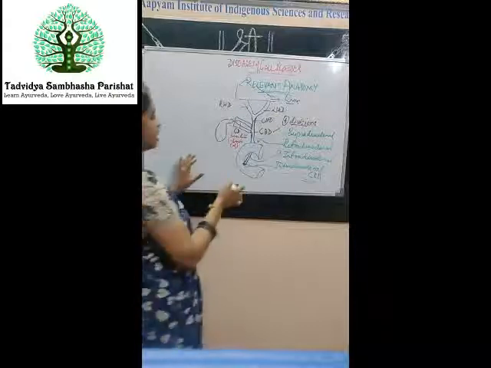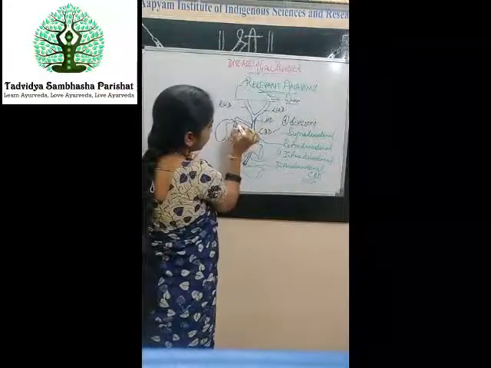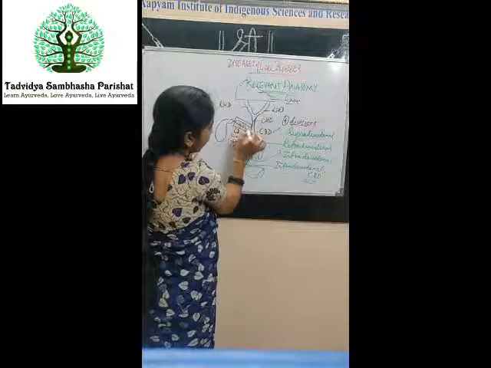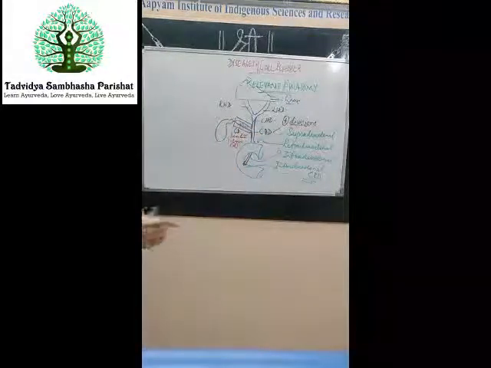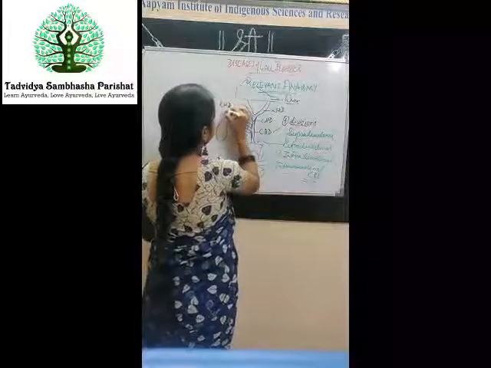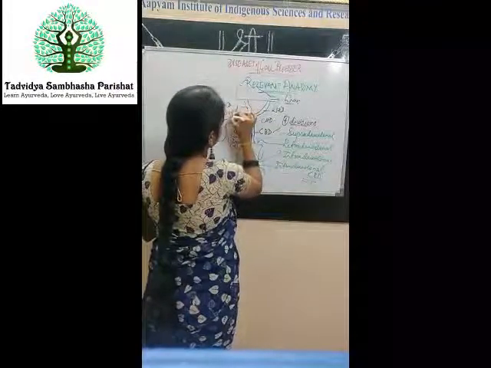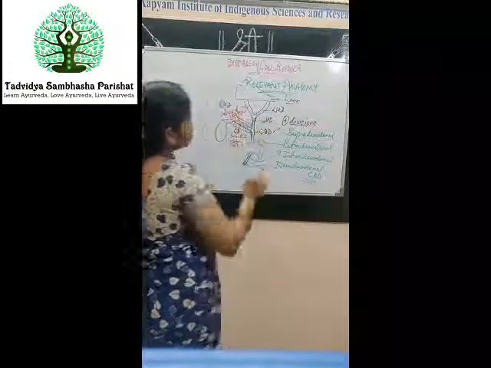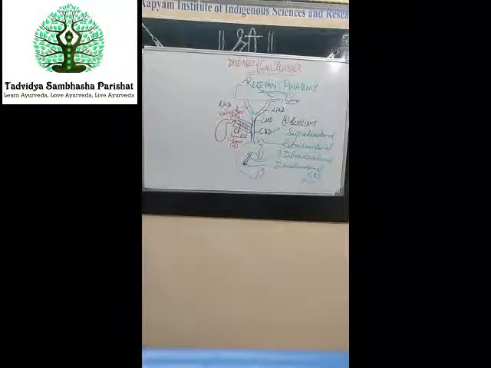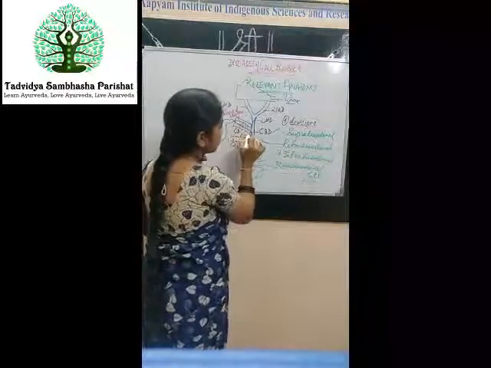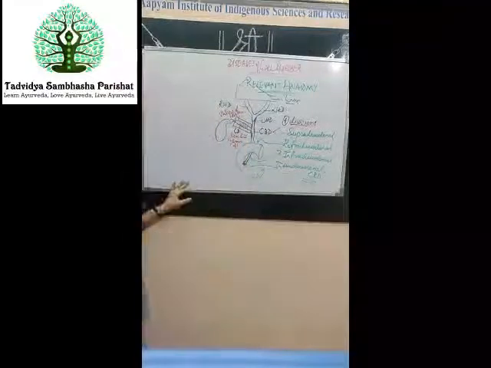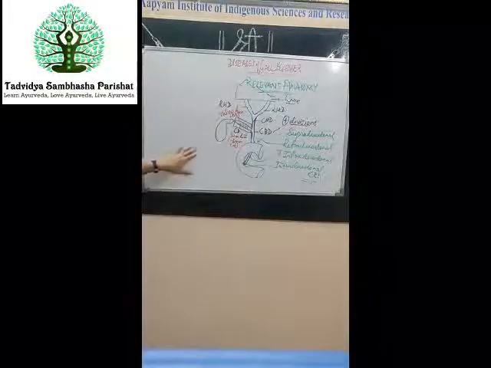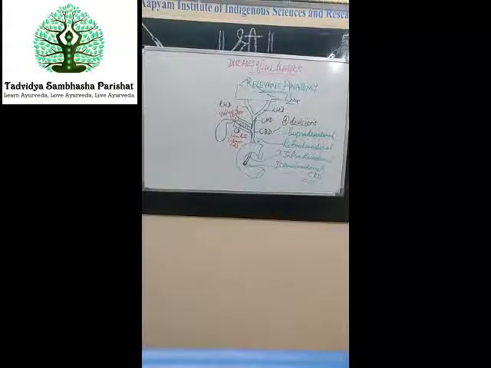The mucosa is arranged as spiral valves, and that spiral valve is called the valves of Heister. So it is 3 centimeters in length, around 1 to 3 mm in diameter, and the mucosa inside is arranged in valvular form, called the valves of Heister.